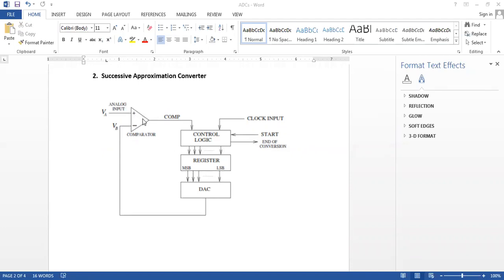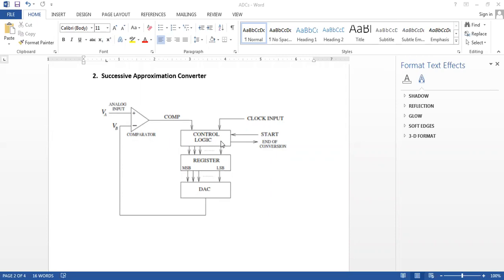The output of the comparator is an input to the control logic circuit, and the other inputs to the control logic circuit are a clock input signal and a start pulse.